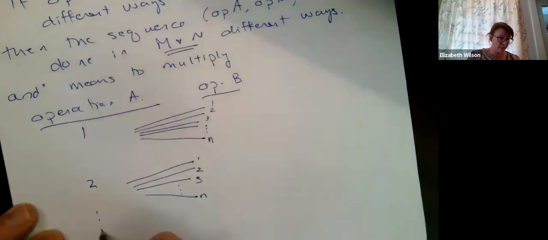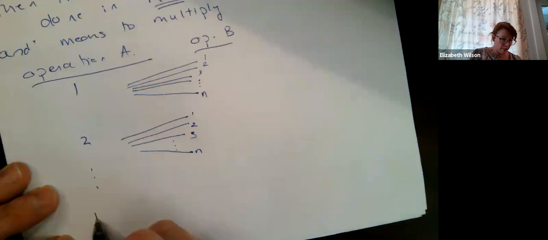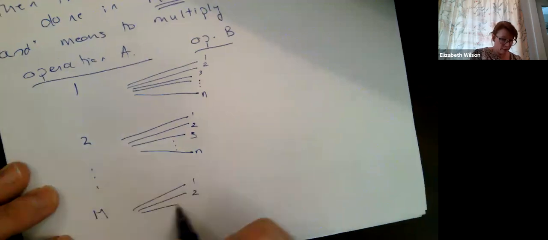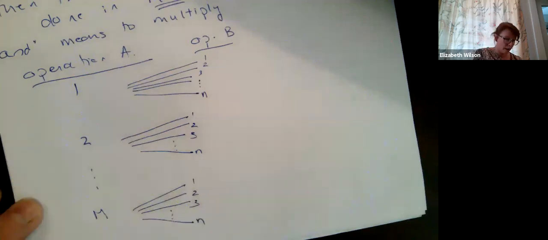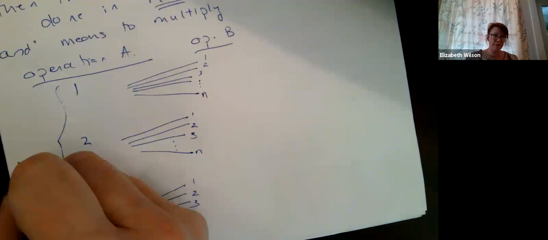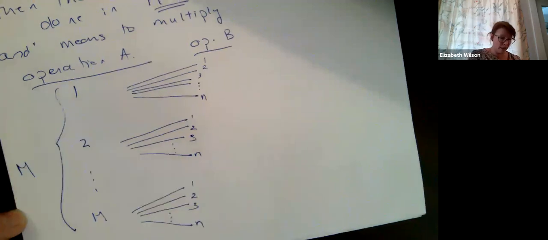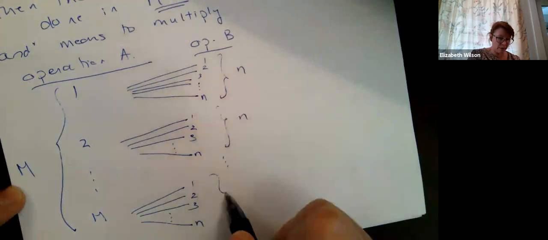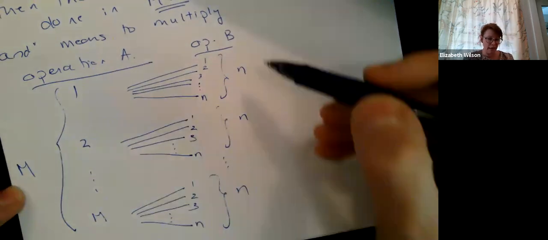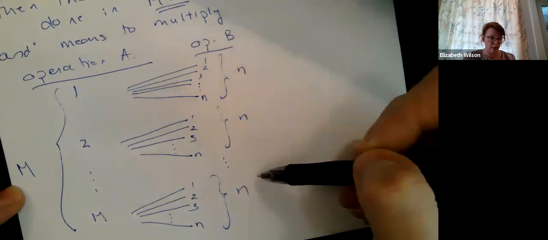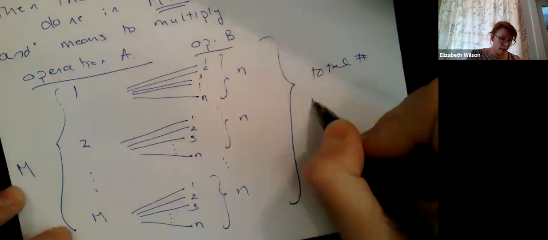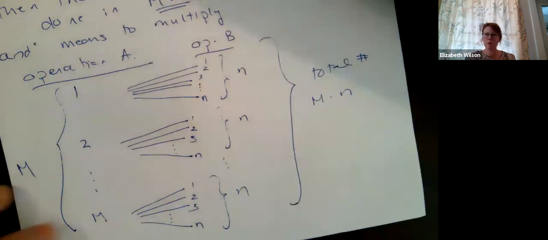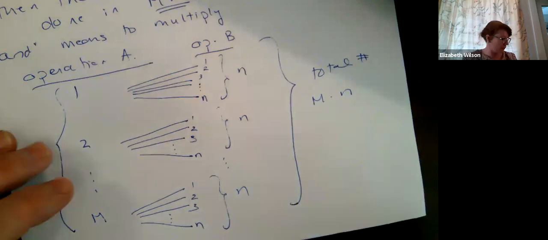I'm going to keep going all the way down to M, and this one's going to have N different possibilities, right? So on my operation A side, I have M possibilities, on my operation B side, I've got N. So when I add up all of these things, my total number is M times N, the total number of possibilities that I can do from operation A and operation B.